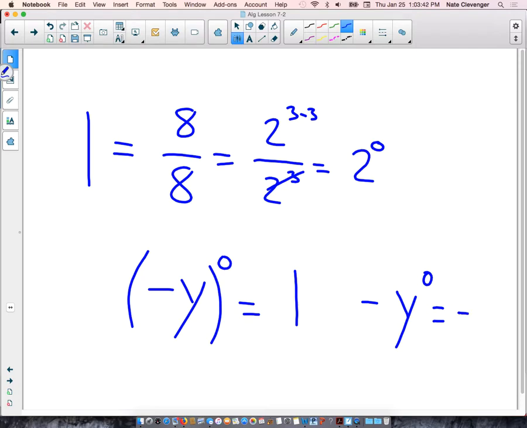So in this one, that would be a negative 1. Do you see the difference? The parenthesis on the first one includes the negative, so this value all equals 1. When the negative is not included in parentheses, it's only being applied to the number or the variable in front of it. And so you have the negative carrying over.